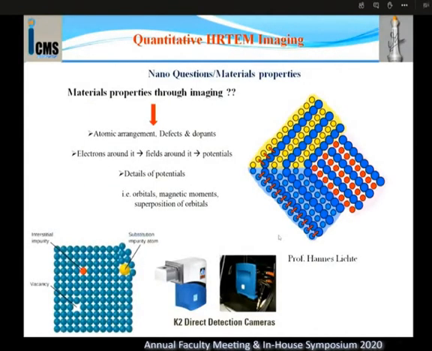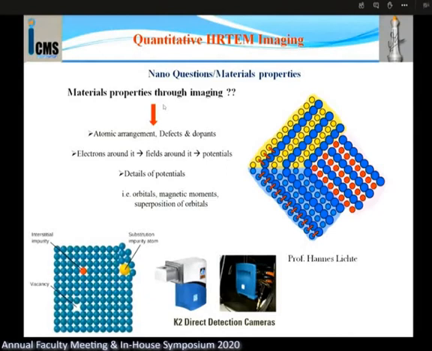So, what is the eventual goal of quantitative imaging? Can we determine material properties through imaging? And if you want to do that, what does it take? Because materials are atoms, they have particular arrangements, and the materials can have defects, dopants, etc. If you have atoms, then you have electrons around them, and you have field and potential around them.